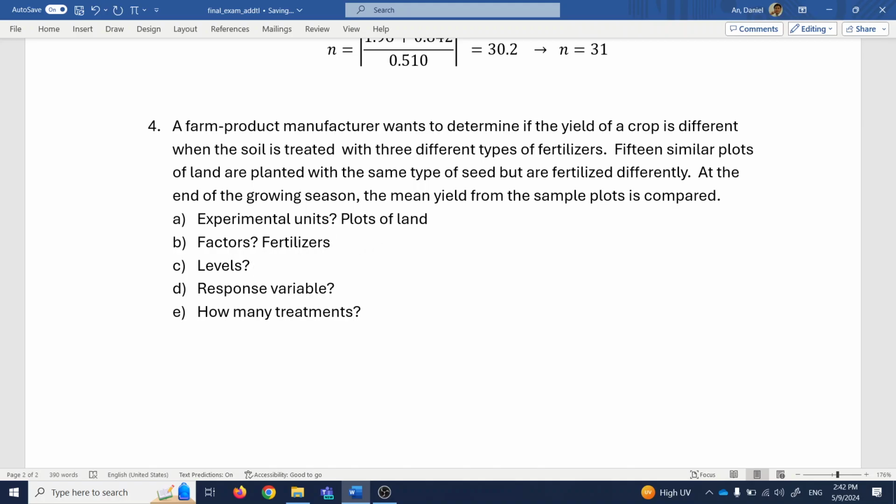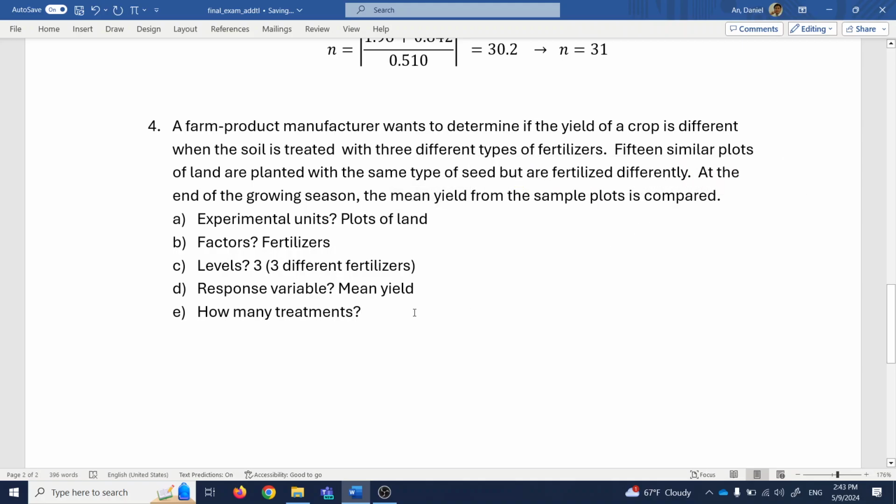Levels. So levels are about the factors, different types of factors, right? Yeah, 3 levels, right? These are 3 different fertilizers. Okay. What's the response variable? Mean yield, because that's what it says, right? The mean yield from each sample of plots is compared.